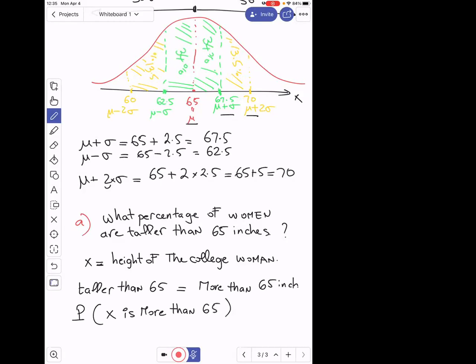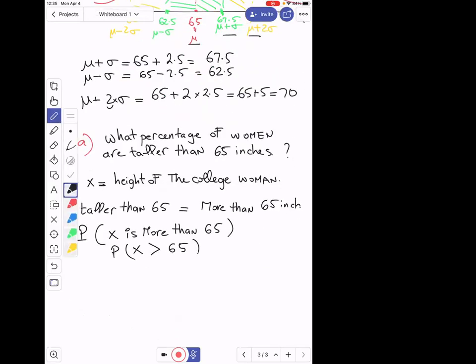In other words, x is larger than 65. The symbol for larger is this inequality here: x larger than, or more than, 65.